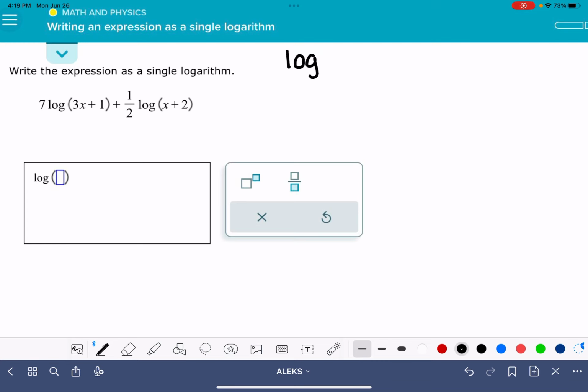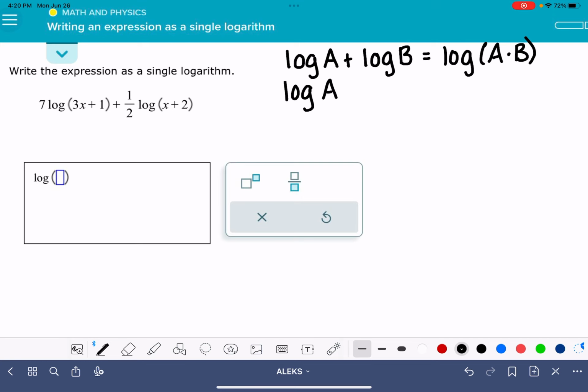If we have the log of one number plus the log of another number, we can rewrite that as the log of those two numbers multiplied by each other, the product of those two numbers. If we have subtraction, so the log of A minus the log of B, we could rewrite that as the log of the first number divided by the second number.